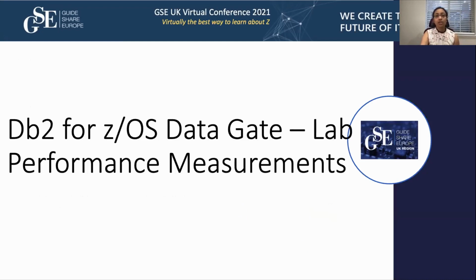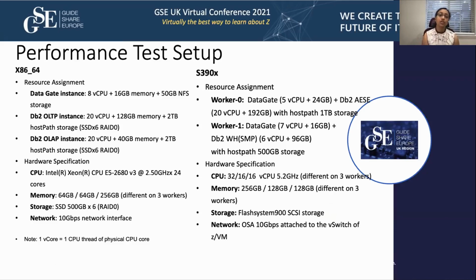A quick note about the performance measurements. We have tested in the lab against two system types: Linux on bare metal and Linux on Z. This also considers both flavors of DB2 target, OLTP as well as Warehouse.